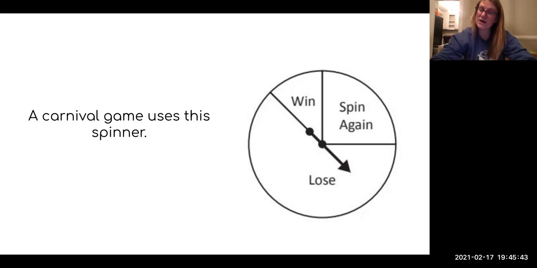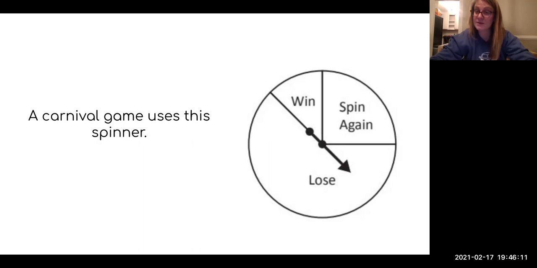What are the possible outcomes for this spinner? Okay, we have win, we could spin lose, or we could spin again. 3 possible outcomes. Which outcome is most likely?